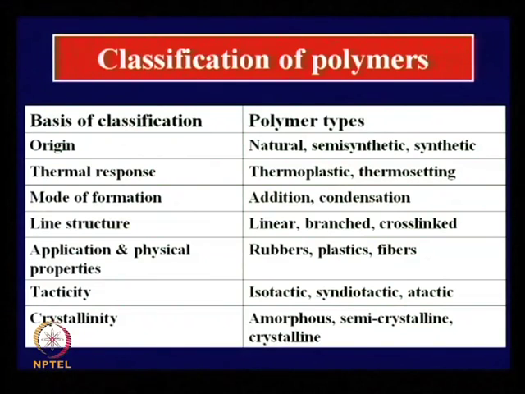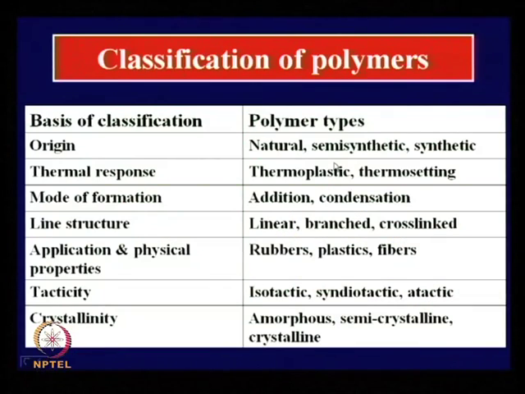So, there are bases of classification, and accordingly we find different polymer types known to us. Say, if we classify the polymers on the basis of origin, that means the source, genesis of the polymer, we will find there are three categories of polymers: natural polymers, semi-synthetic polymers and synthetic polymers.